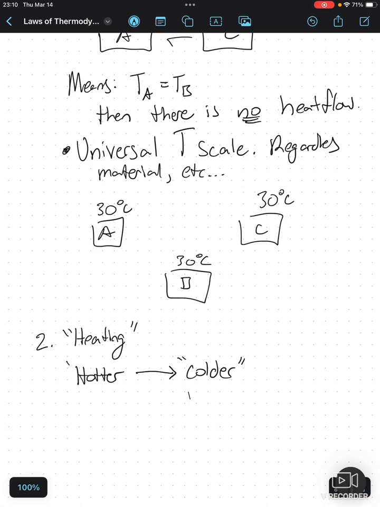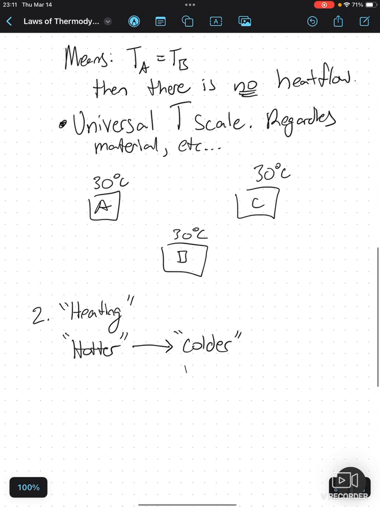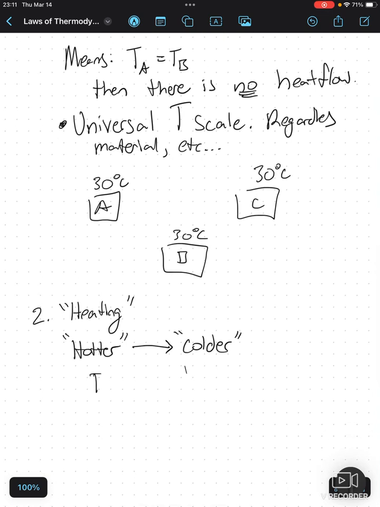So essentially, heat goes from hot to cold. So in terms of thermal equilibrium, if TA is greater than TB, then the heat is going to flow in this direction, because temperature A is going to be hotter, temperature B is colder.